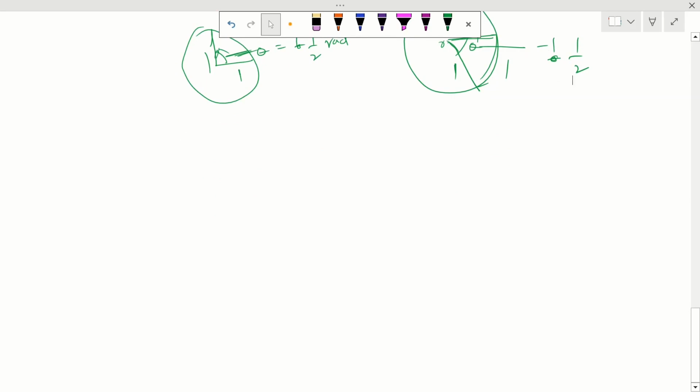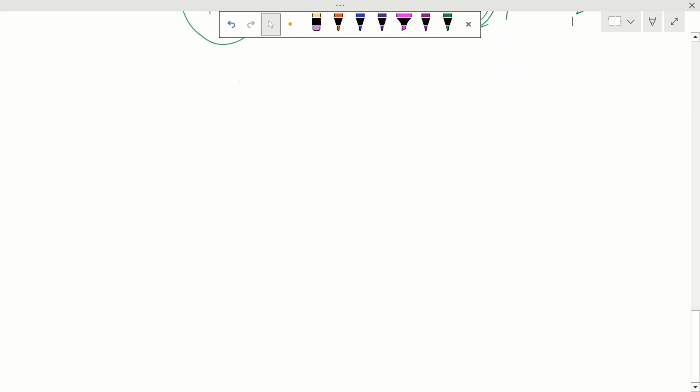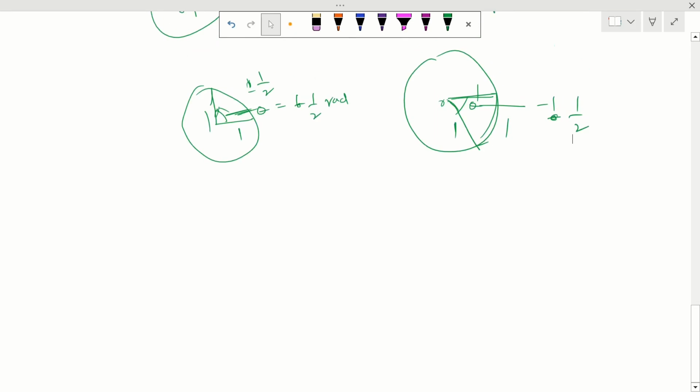Now you understood all these things. Here this theta is the ratio of L and R. So what is L?